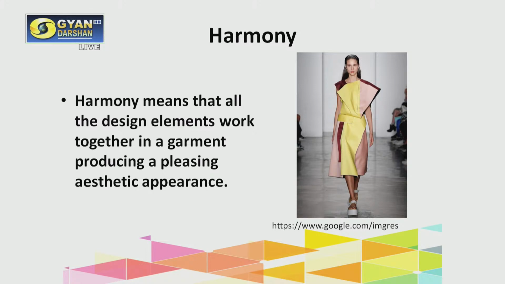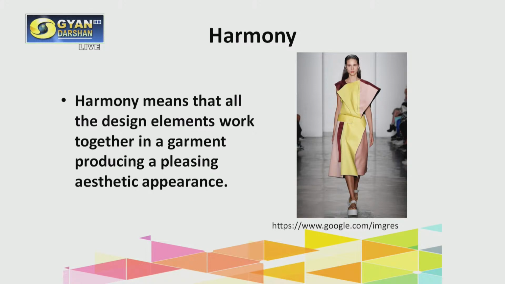Then harmony is an element or principle of design in the garment. The elements used in the garment and the principles used in the final garment should have some kind of harmony, so that the final garment will look good.